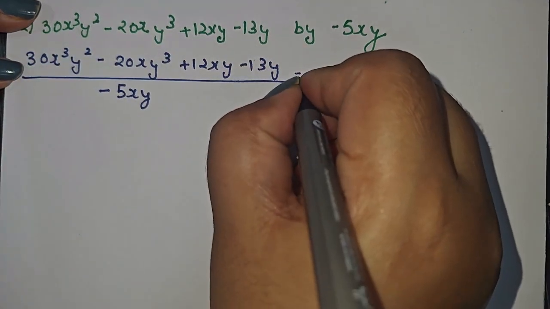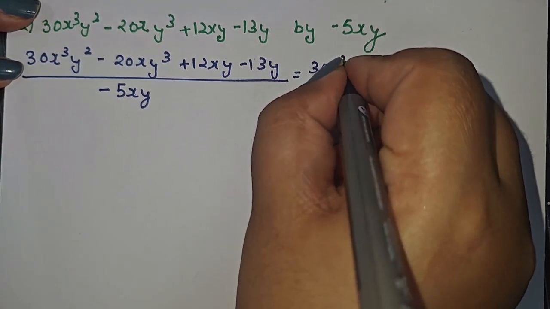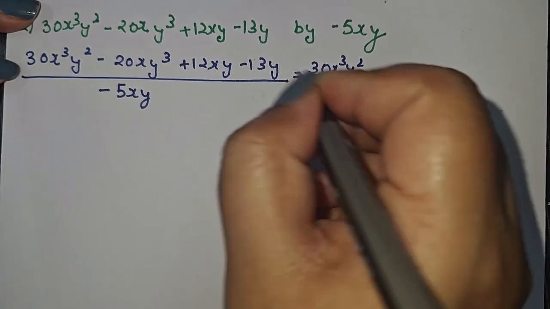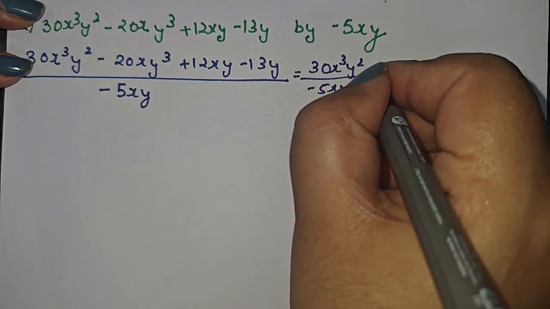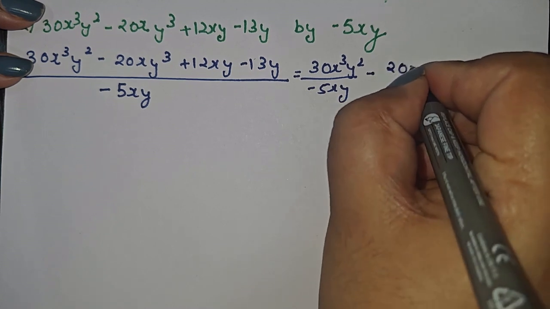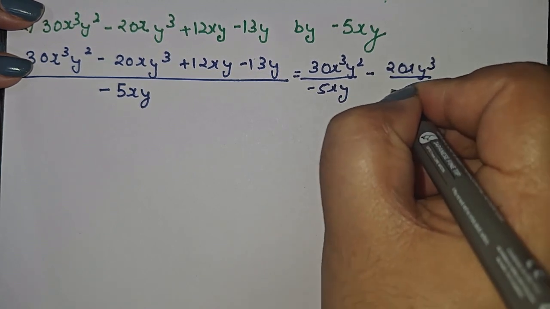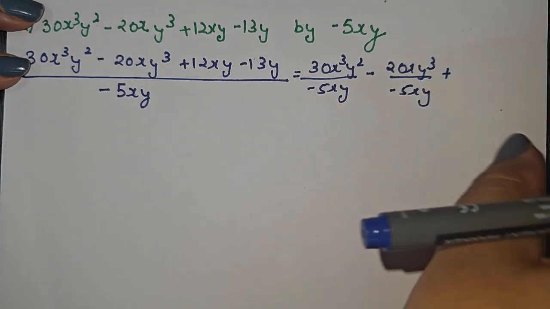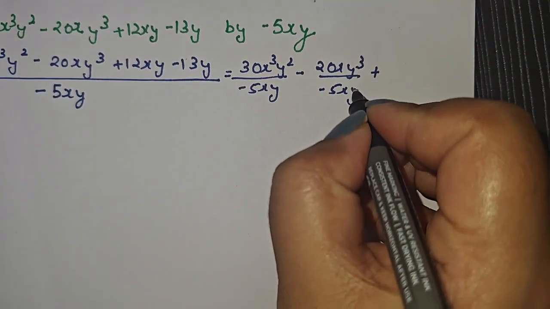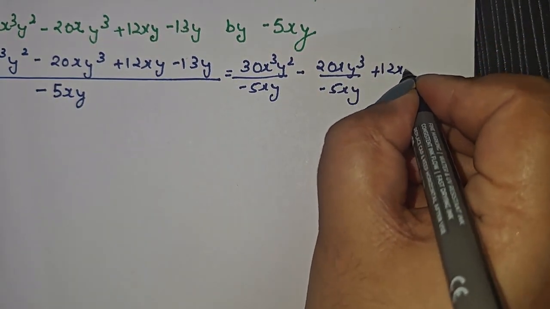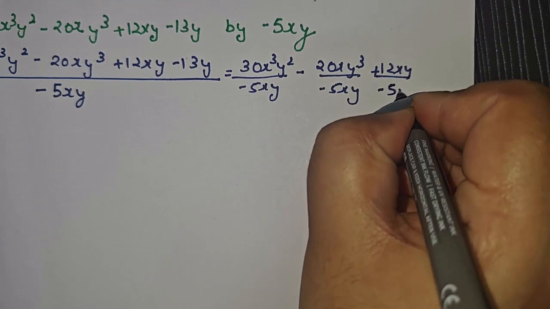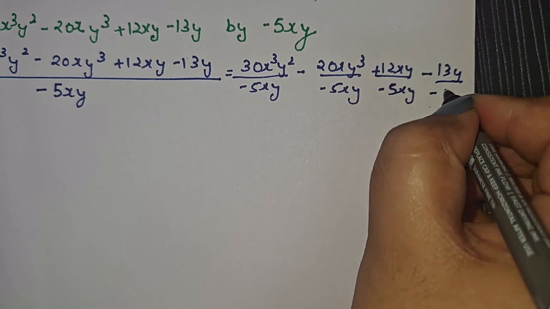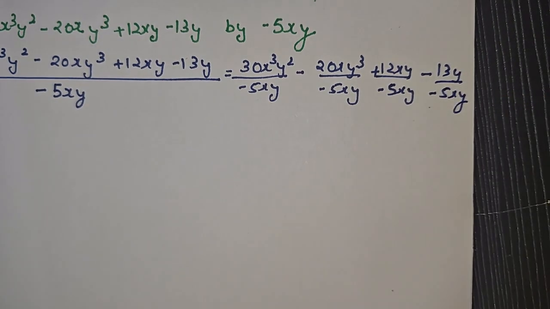So it can be written as 30x^3y^2 upon minus 5xy, sign as it is, minus 20xy^3 upon minus 5xy, plus 12xy upon minus 5xy, minus 13y upon minus 5xy.